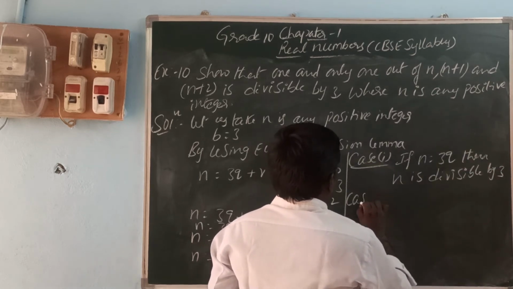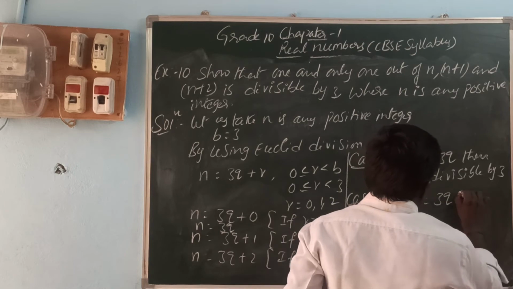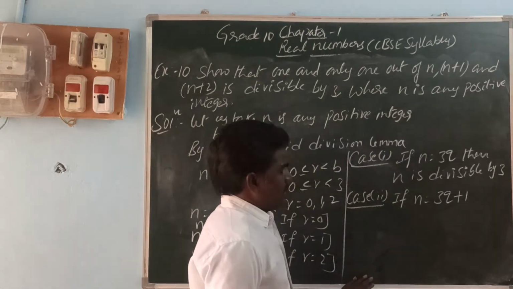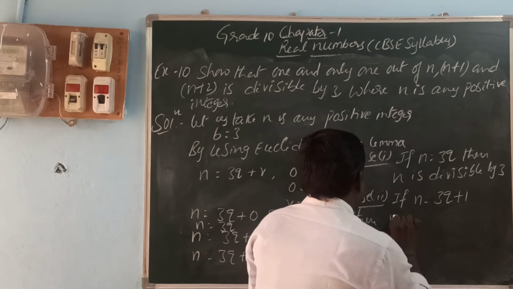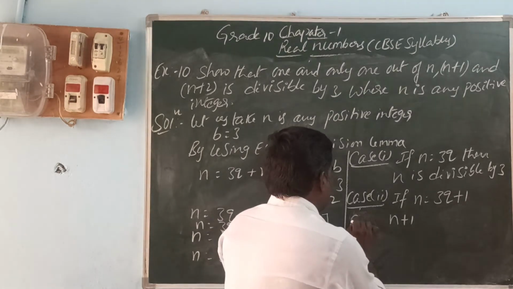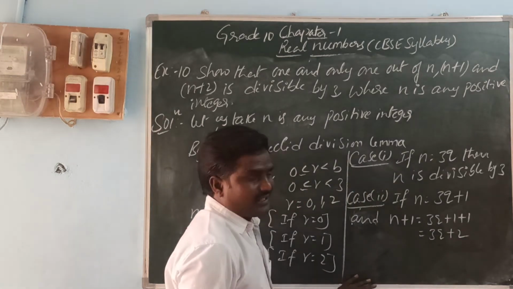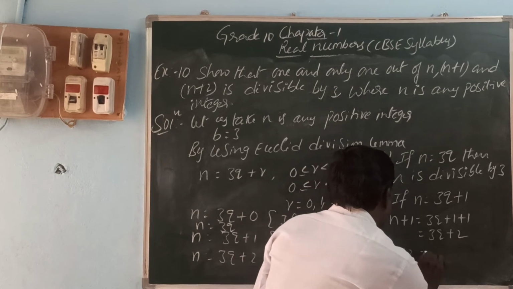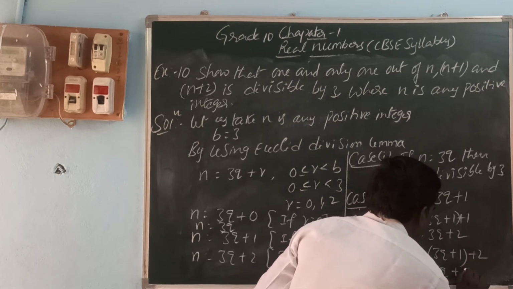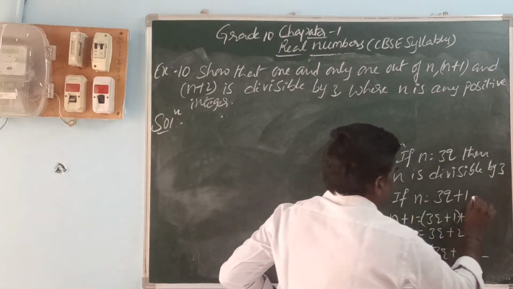Next, case 2: if n is equal to 3q plus 1, then n is not divisible by 3.